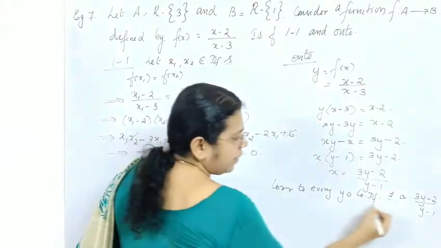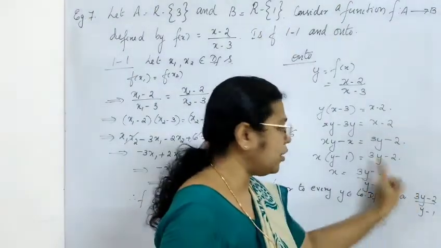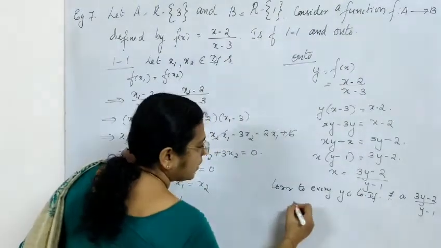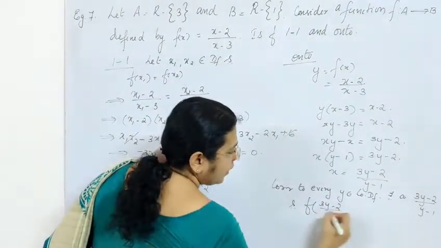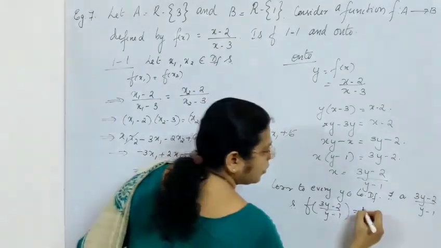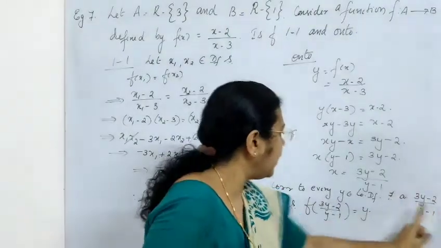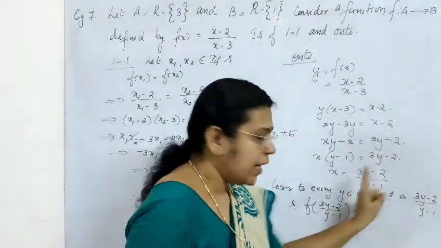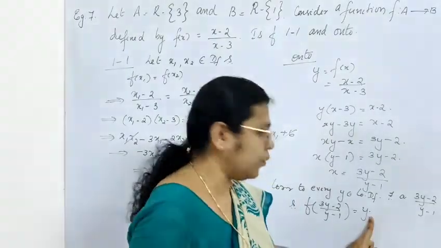Corresponding to every y belonging to the codomain of the function, there exists an expression (3y minus 2)/(y minus 1) such that f of (3y minus 2)/(y minus 1) is equal to y. If so, this is onto.